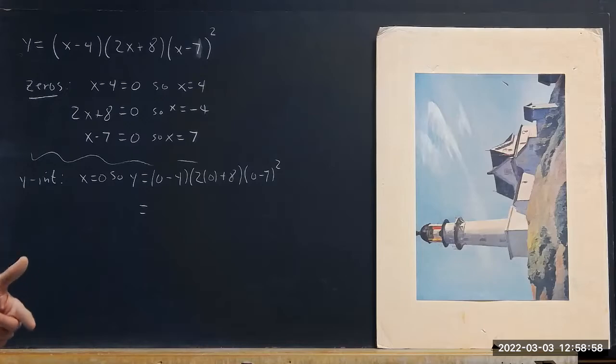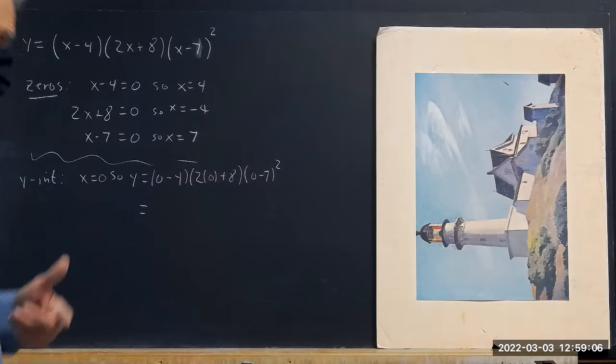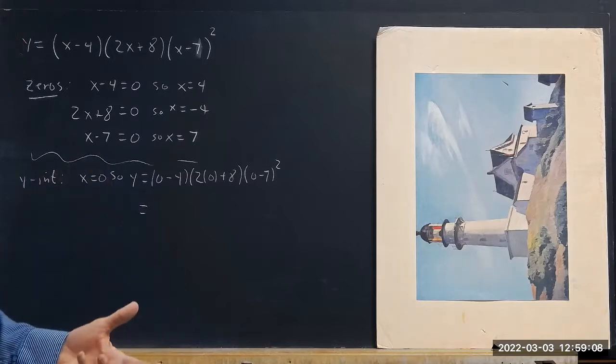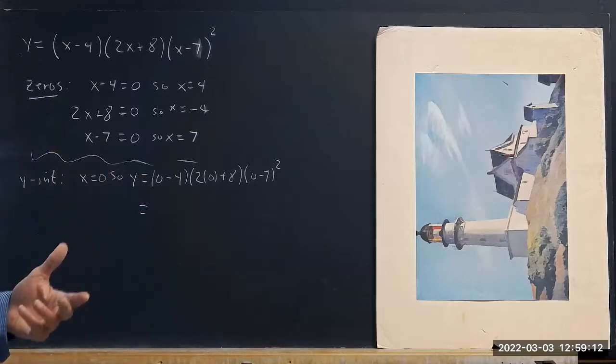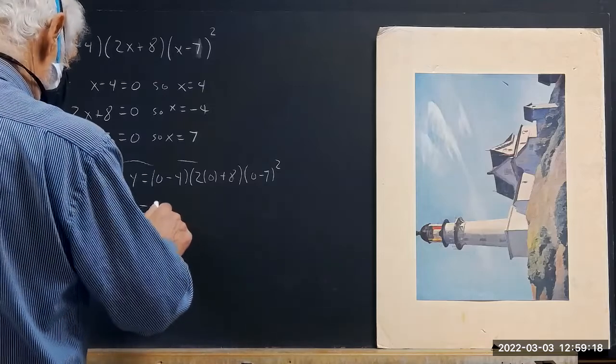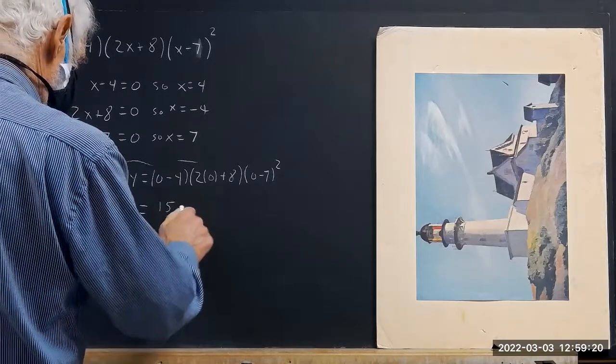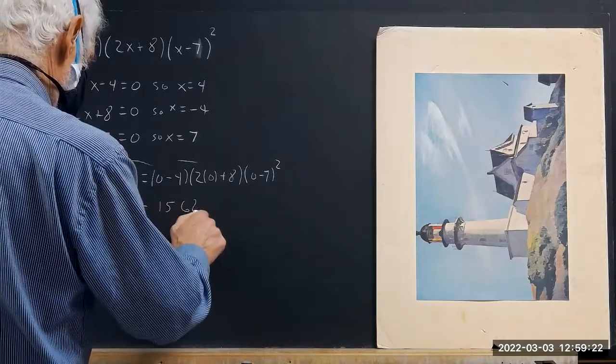And then 32 times 50 will be 1,600. And 32 times 49 will be 32 less than 1,600, which will be 1,568.